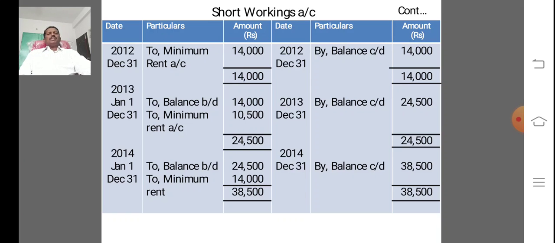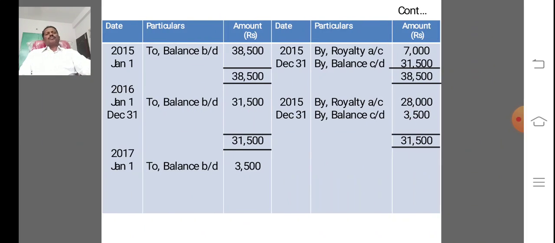From minimum rent account this year short workings is 14,000, total short workings in the year 2014 is 38,500, and the entire balancing figure 38,500 is balance carried down and brought down to next year January, balance brought down 38,500.